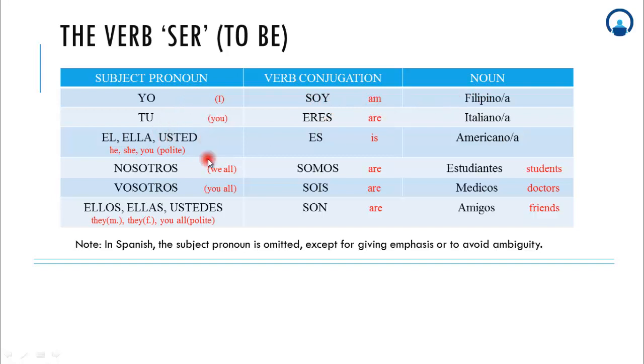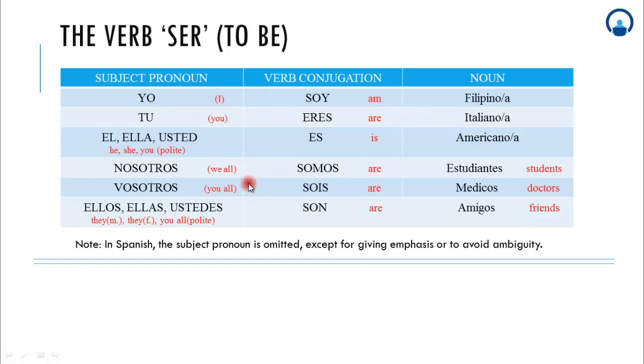If I remove the subject pronoun, it becomes soy Filipino. That is perfectly fine because of that rule which I said, that soy only goes with yo. So if I'm not using yo and I'm only using soy, it is pretty much obvious that it is going with yo. So even if I don't write yo, it's fine.